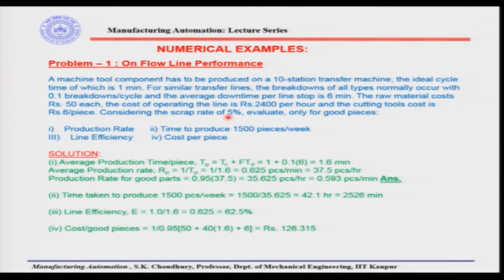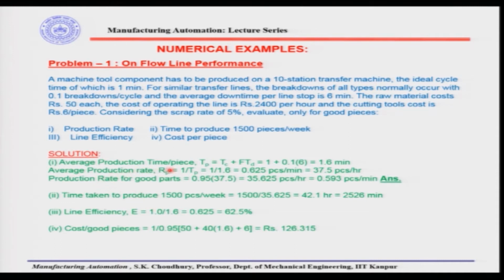Considering a scrap rate of 5%, evaluate, only for good pieces, the production rate, the time to produce 1500 pieces per week, the line efficiency and the cost per piece. So, to make the solution, first of all you have to remember what things are given here.